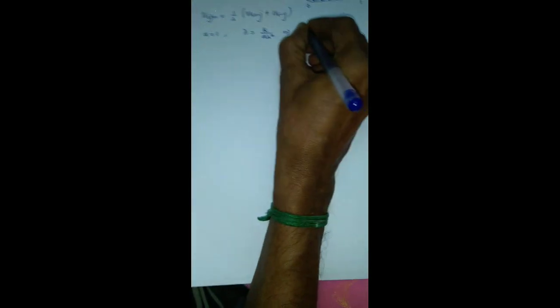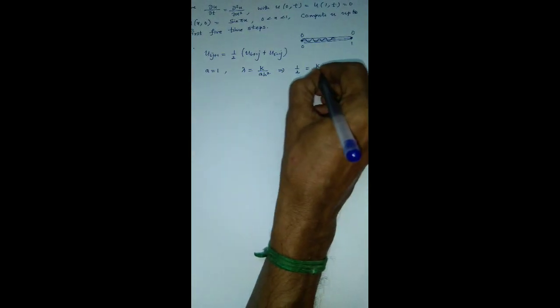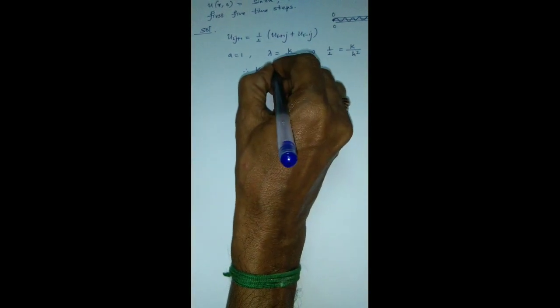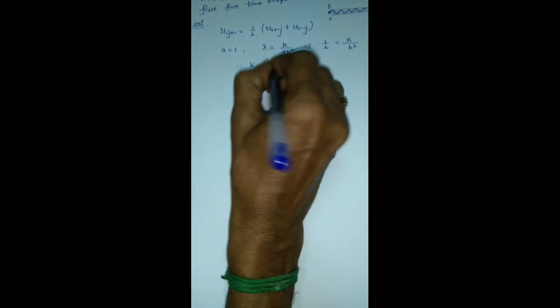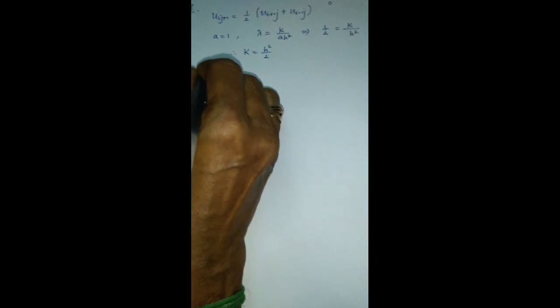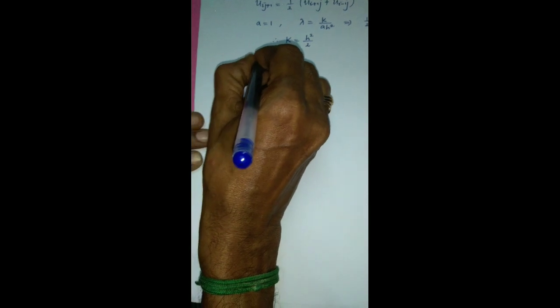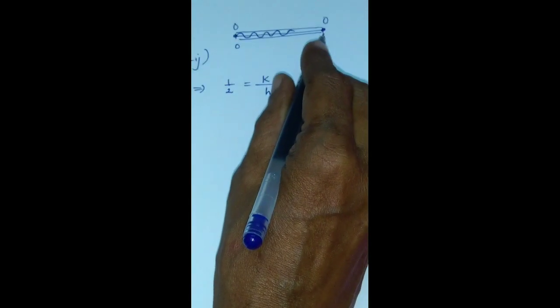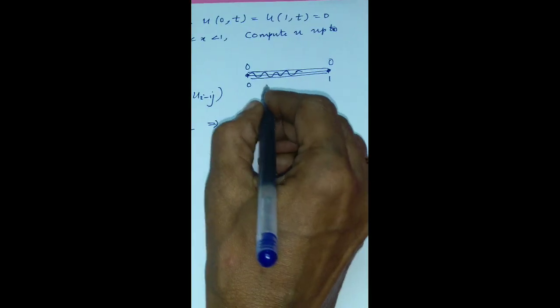In order to reduce the entire scheme into Bender-Schmidt, I am going to take lambda equal to 1 by 2. Since a is also 1, 1 by 2 equals k by h square. Therefore, k equals h square divided by 2. If I choose the step size according to our material length, which is 0 to 1, you can choose step size in different forms, 0.2.